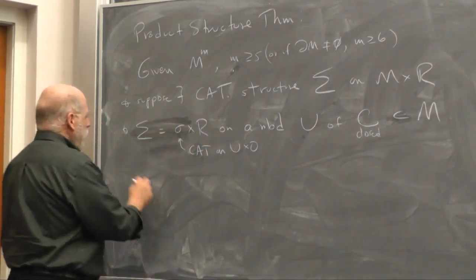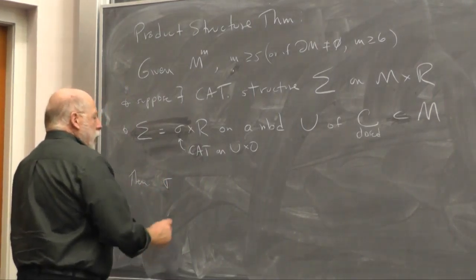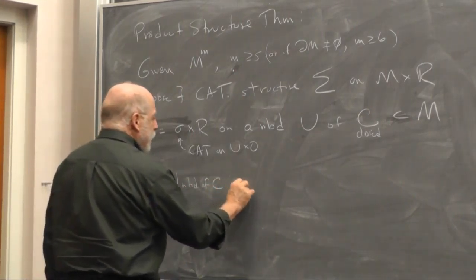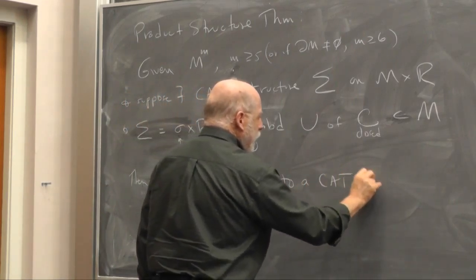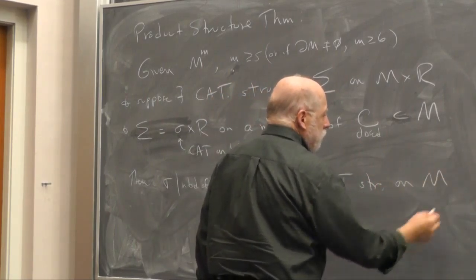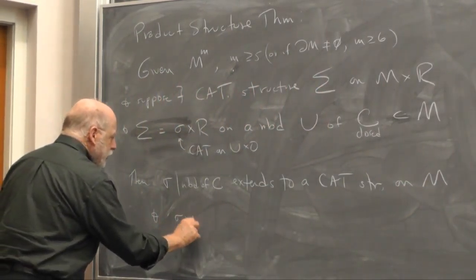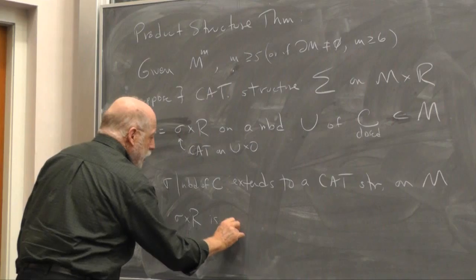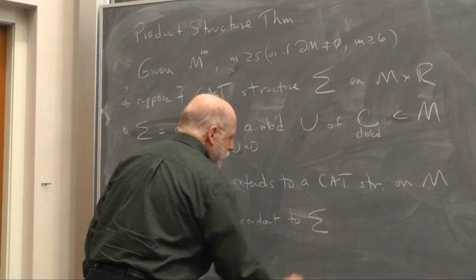Given all that, then little sigma restricted to a neighborhood of C extends to a CAT structure on all of M cross 0 if you wish, and sigma cross R, that's the CAT structure just crossed with R, is concordant to capital sigma.